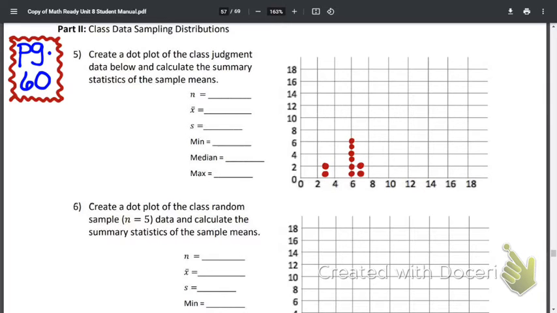We have 2 on the 7, 1 on the 8, 1 on the 9, 1 on the 10, 2 on the 11, a 16, and a 17. So I want you to recreate that dot plot. Sorry, it's up on the board. I put it up on the board at the same time.